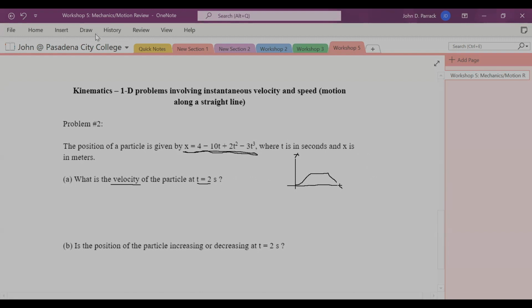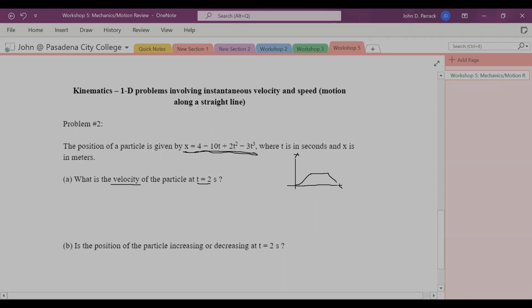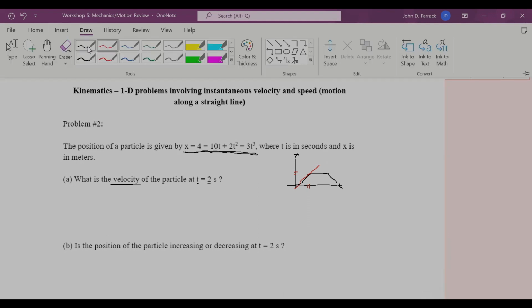One of the things that you learned was that if you took at any point in time some tiny instant in time, some little tiny dt, and you looked also at some little tiny change in x, some little tiny dx, then the slope presented by that little change would be the tangent line. And then the tangent line would be equal to the velocity at that instant in time.